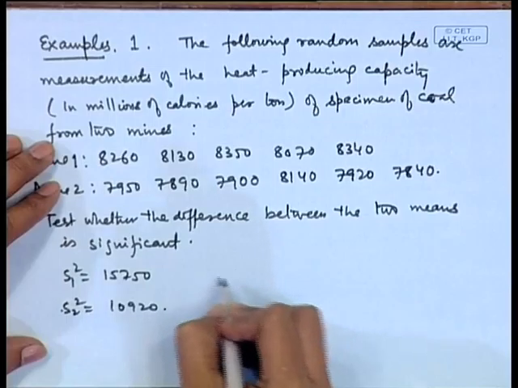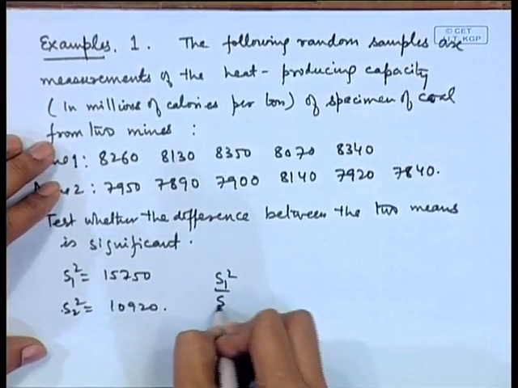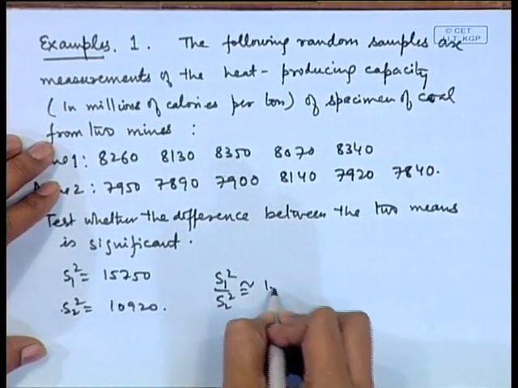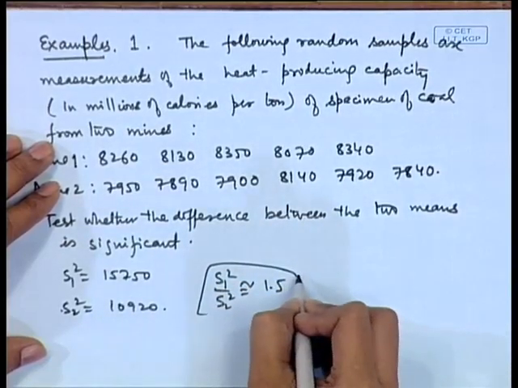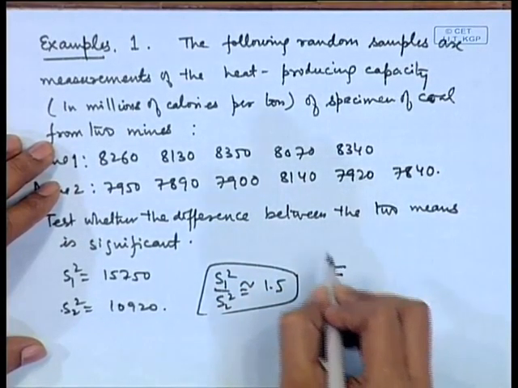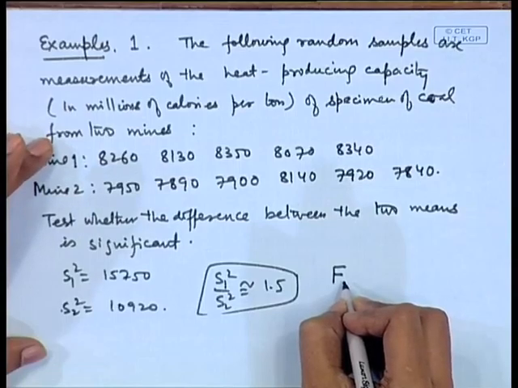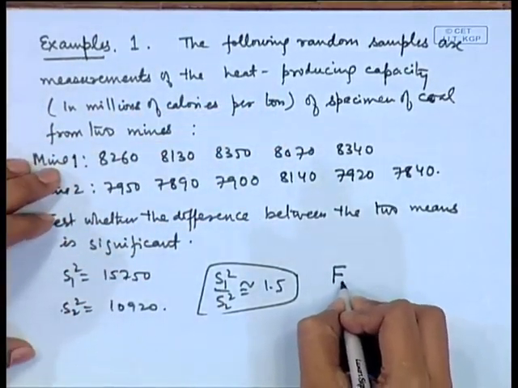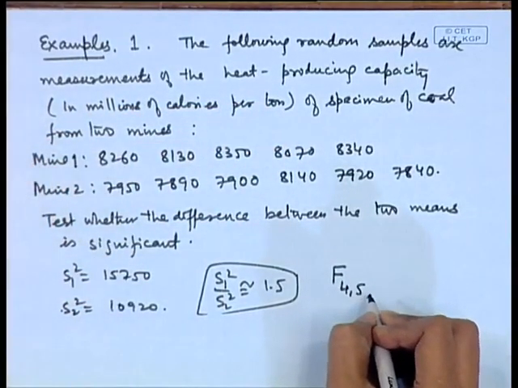So, if we consider the ratio S 1 square by S 2 square, that is approximately 1.5. So, if I am looking at the f value on say 4 and 5 degrees of freedom.